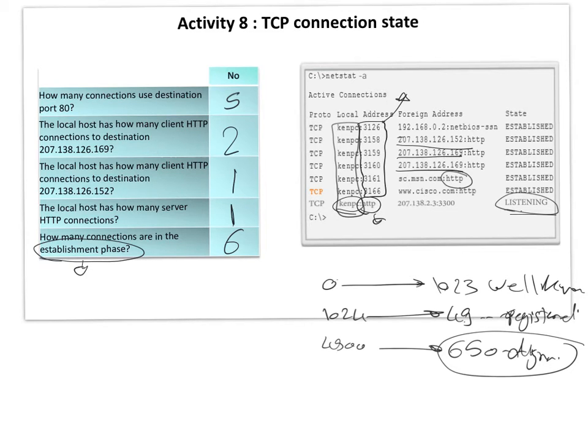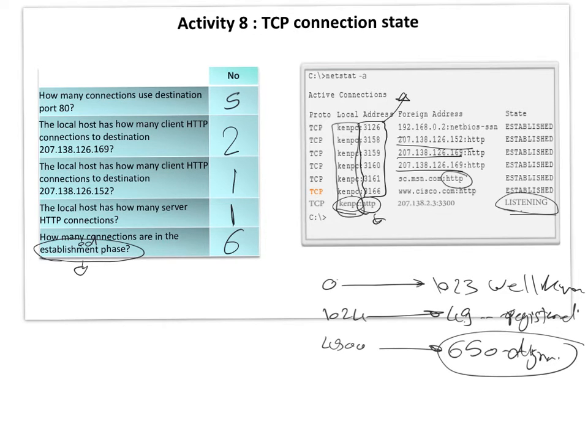In the establishment phase, this means that we will see in a minute either SYN wait or SYN acknowledgement wait or something like this. It's before establishment, before it becomes completely established. So, yeah, but here what I meant is the established phase, not the establishment phase.